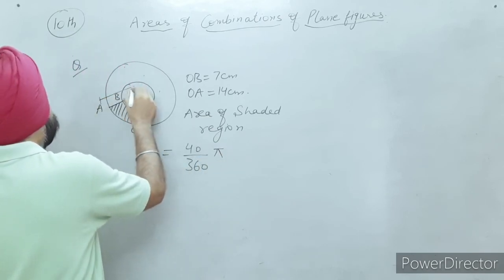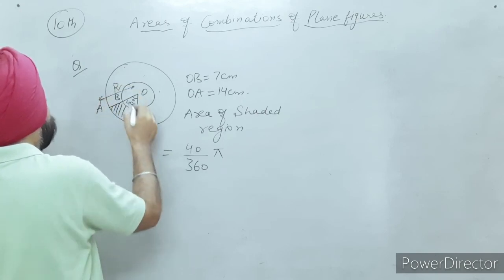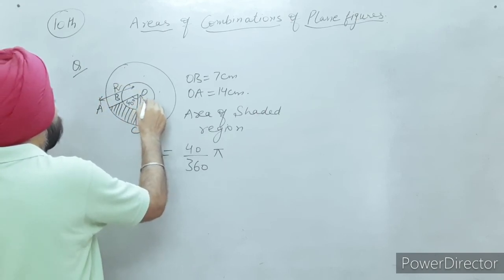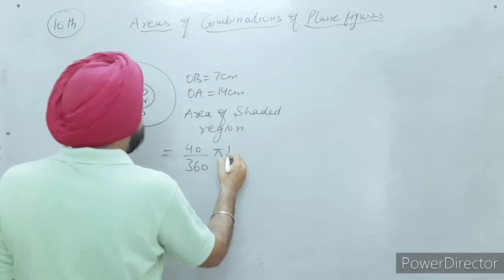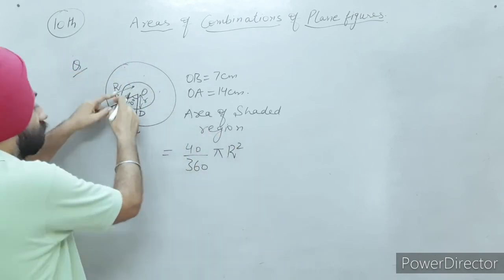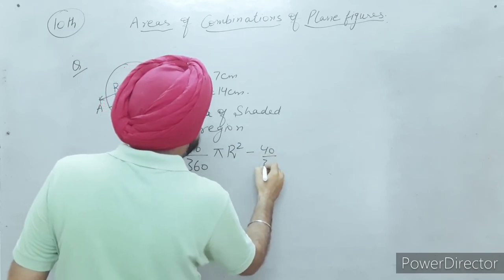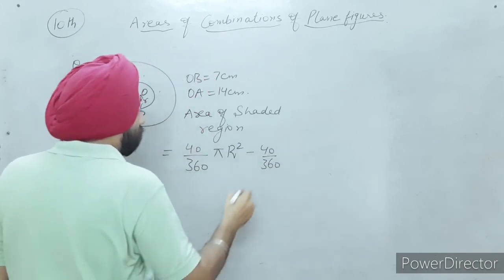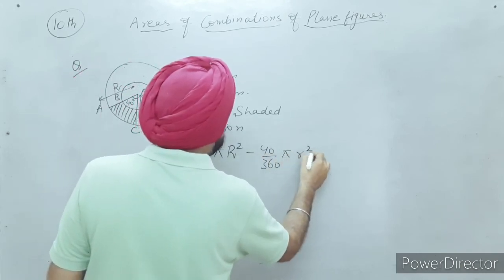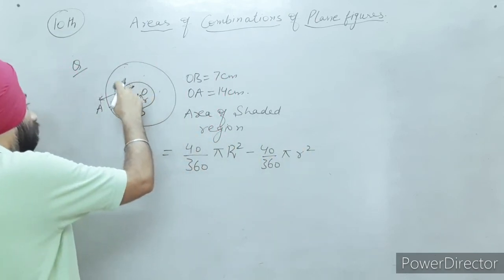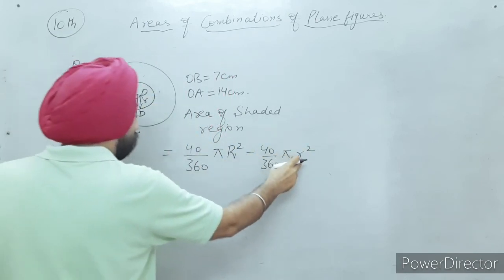Let this be the capital R, this be small r, right? This is pi R square, the outer circle I have taken into consideration, minus again 40 by 360 into pi radius here. I have now taken the smaller circle into consideration, right?